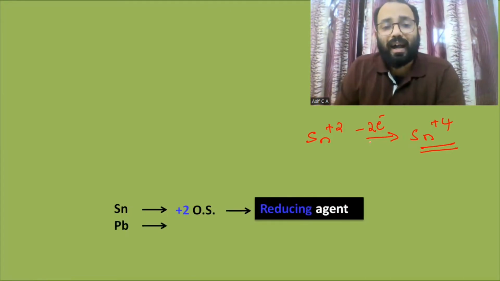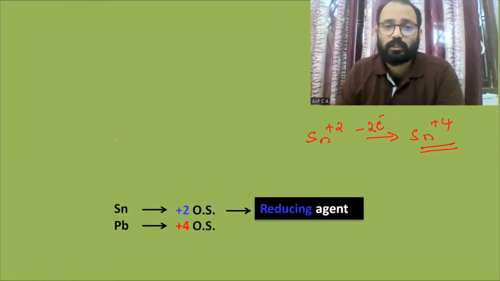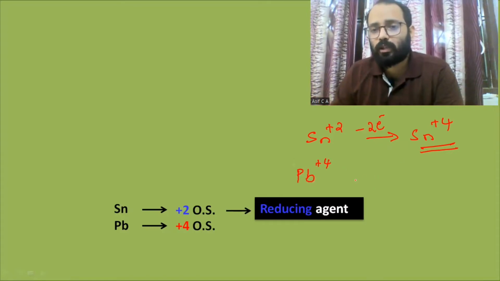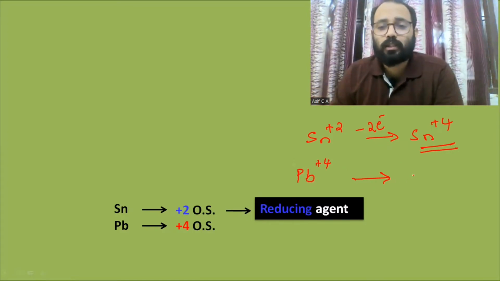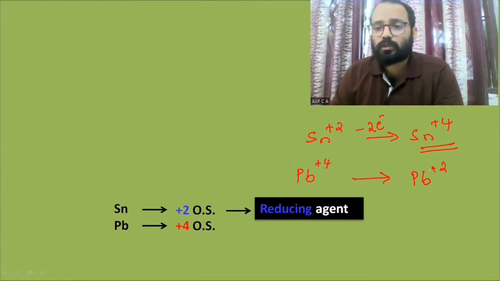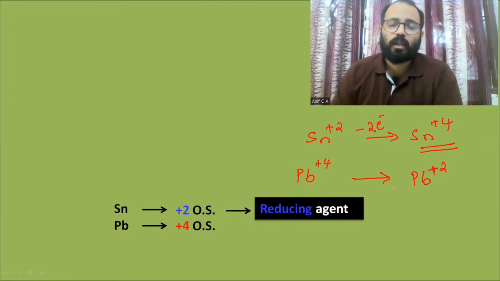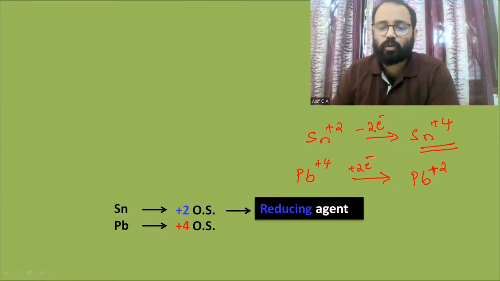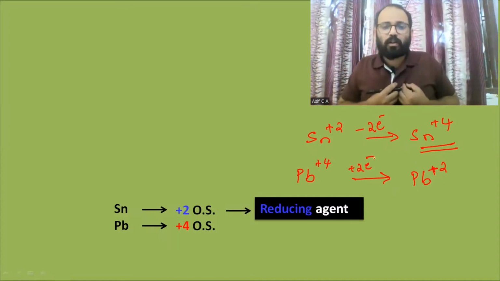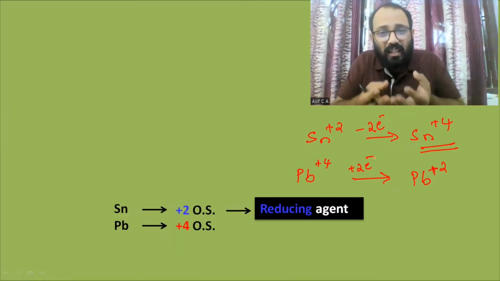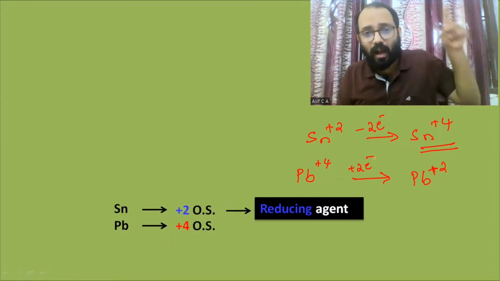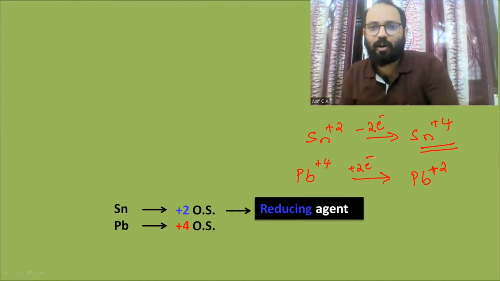On the other hand, lead in +4 oxidation state: we know that lead is stable in +2 oxidation state. So from +4 to +2, what should it do? It should gain 2 electrons. It will undergo reduction and make the other undergo oxidation.